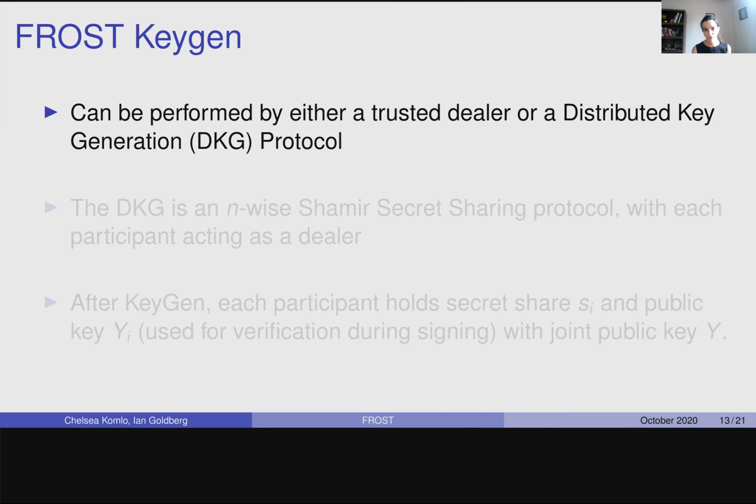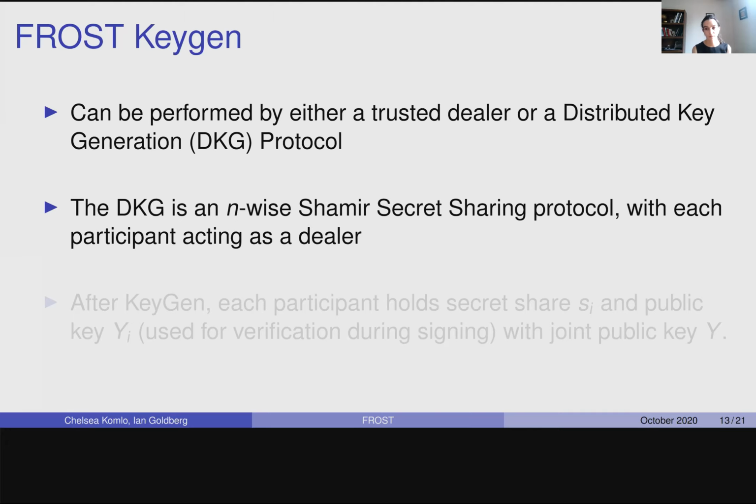So keygen can be performed either using a trusted dealer, similarly to Schnorr secret sharing, or you can use what's called a distributed key generation protocol. And what's different between these two settings is that this DKG, this distributed key generation protocol, is essentially an n-wise Schnorr secret sharing protocol where every participant acts as the dealer. And so what this essentially achieves is key generation where no party is trusted any more than any other party.